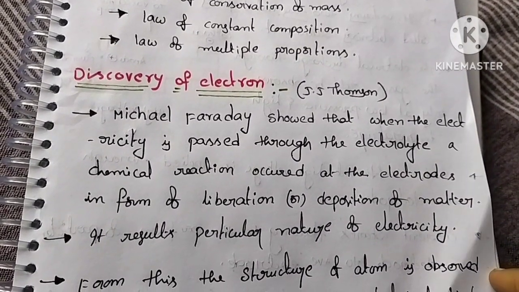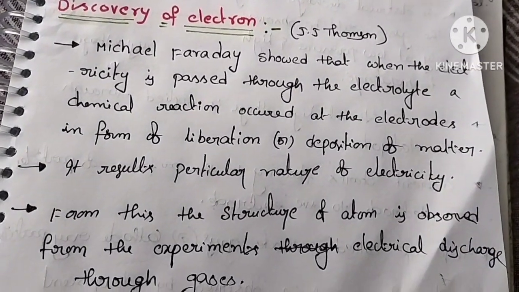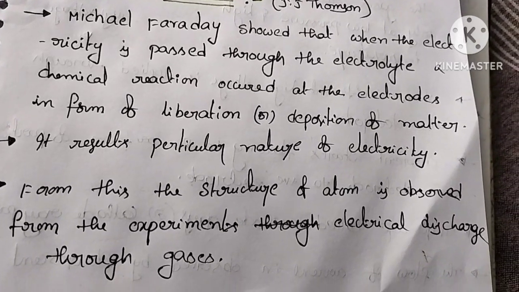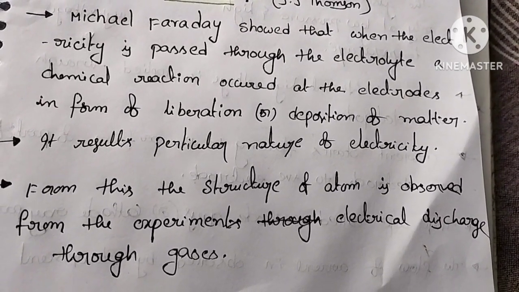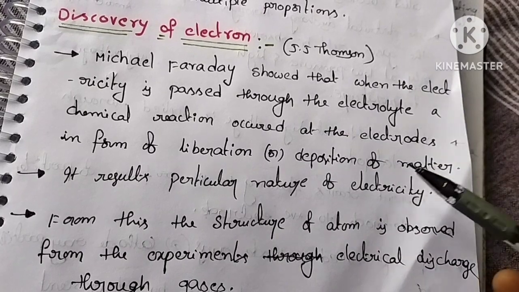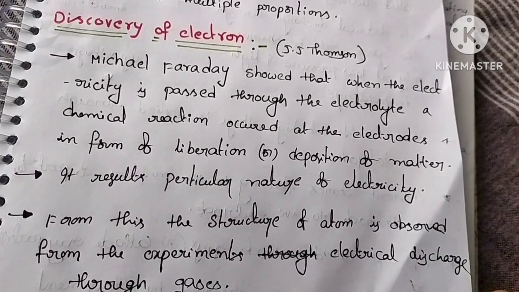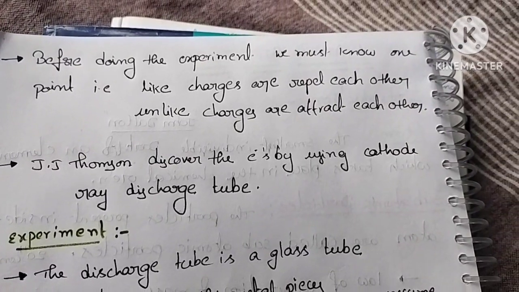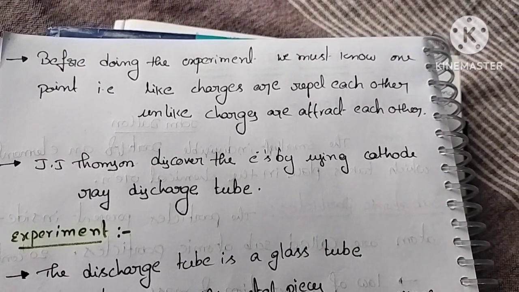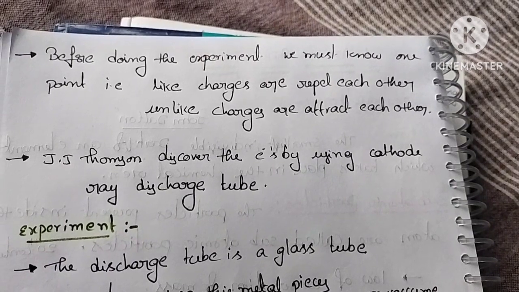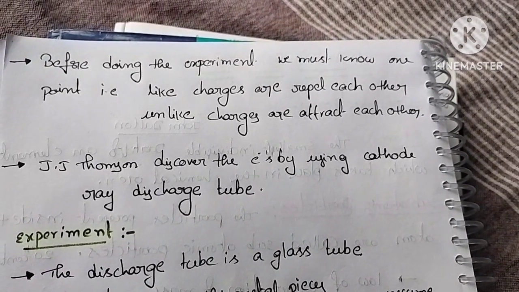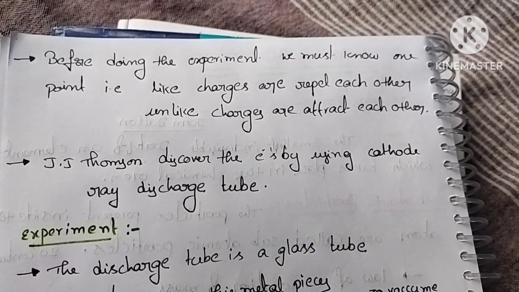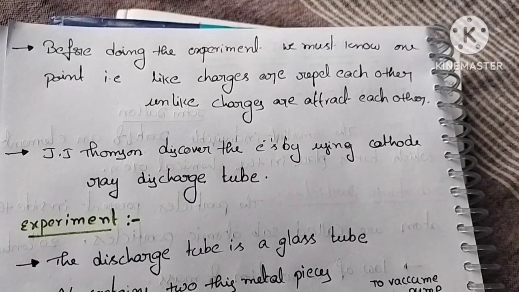Here the structure of atom is observed from experiments on electrical discharge through gases. By using this type of process, J.J. Thomson also proved the structure of atom. Before going to the J.J. Thomson experiment, we also need to know one important point: like charges always repel and unlike charges attract each other.